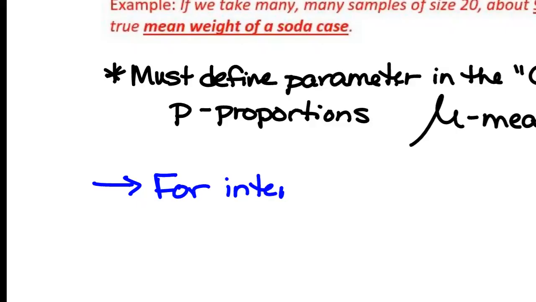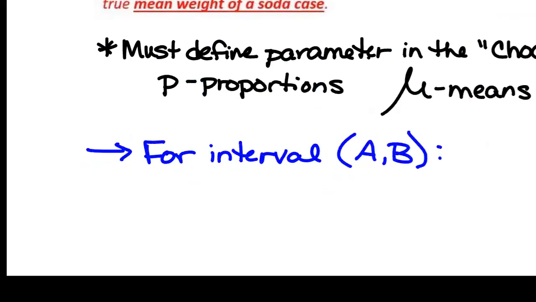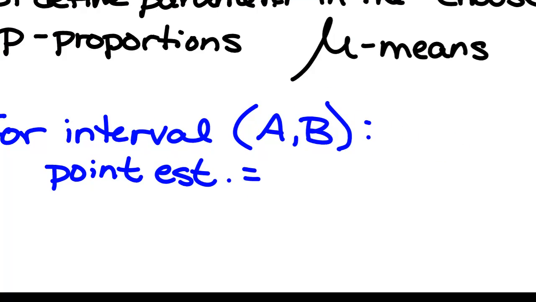For interval A, B, so this is when we are given an interval, the point estimate is equal to A plus B cut in half.